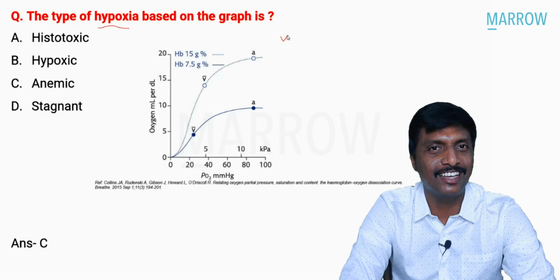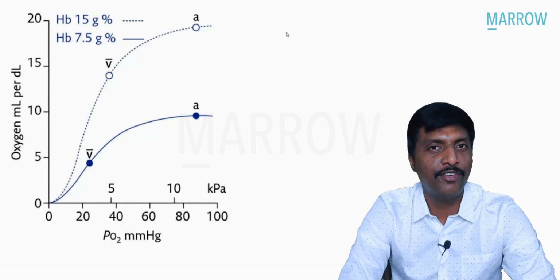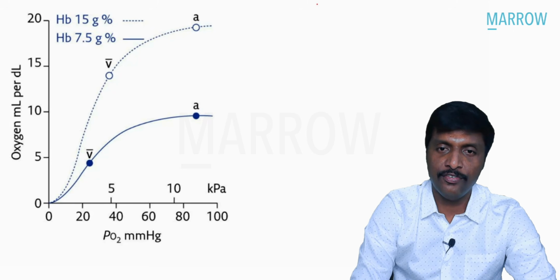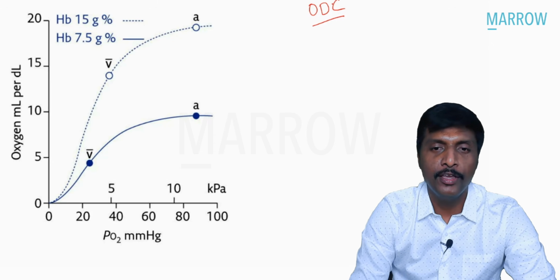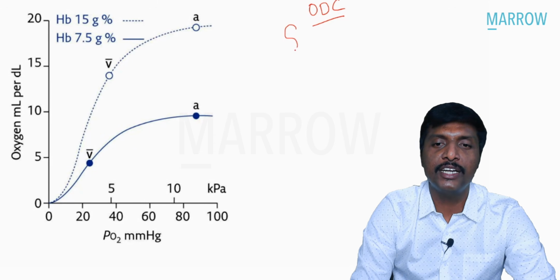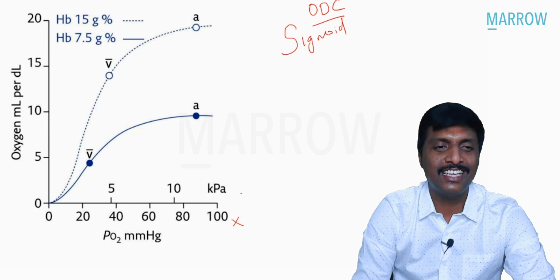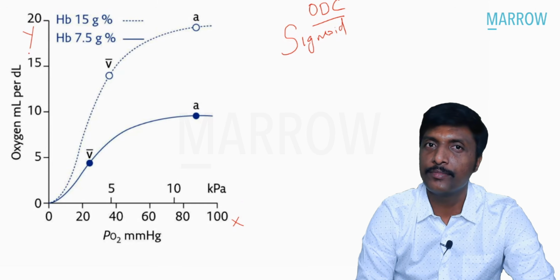Why, sir? What is the concept? Let's analyze this graph to reinforce the fact or the concept we know already. Remember, guys, this graph is about the oxygen dissociation curve. The shape of this graph is S-shaped. We call this sigmoid. This graph has an x-axis and y-axis.